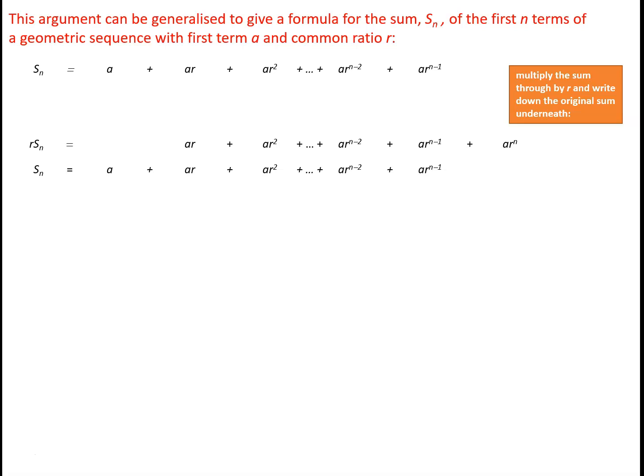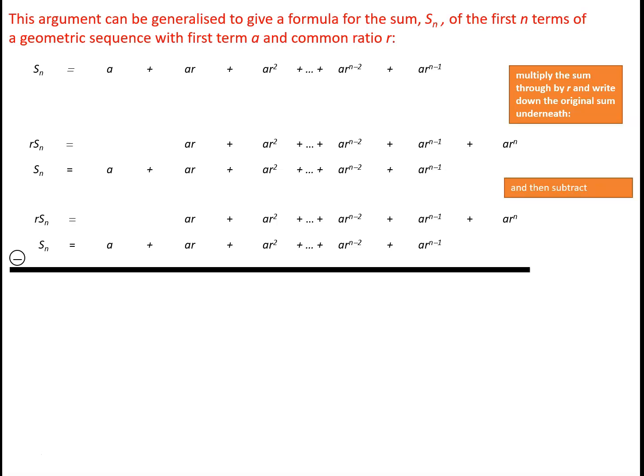R times Sn is ar plus ar squared all the way along to ar to the n minus 2 plus ar to the n minus 1 plus ar to the n. We're then going to do a subtraction. And when we do our subtraction, we're going to get r times Sn take away Sn on the left hand side equals, from the first column we've got 0 take away a, so that's minus a.